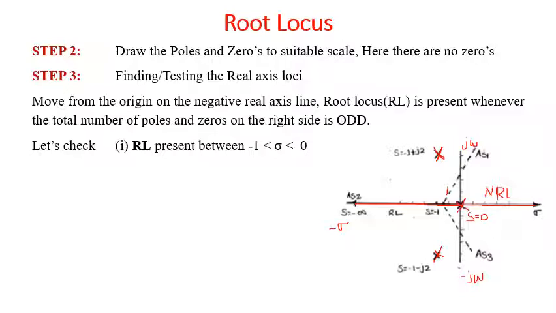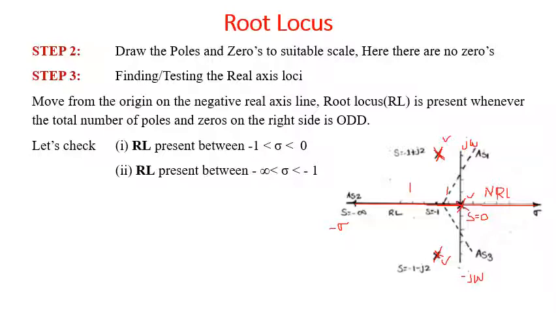Next test is between s equal to minus 1 and infinity. So between this one and here, stand here and count the number of poles and zeros on the right hand side. Even you can count these also. So 1 is here, second one is here, and the third one here. The total count is 3. So 3 is an odd number.